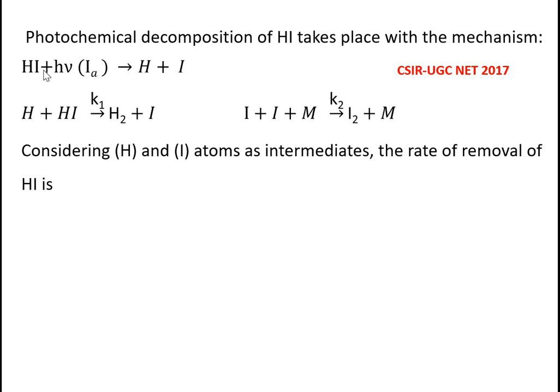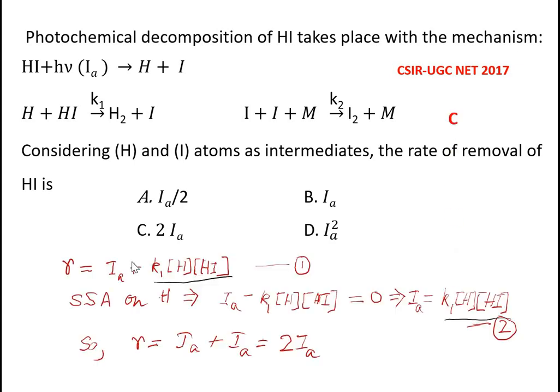HI is involved in both the steps, the first and second. So accordingly, R in the first step, minus d/dt of HI, is of course simply IA, and in the thermal process it is K1 into H into HI.